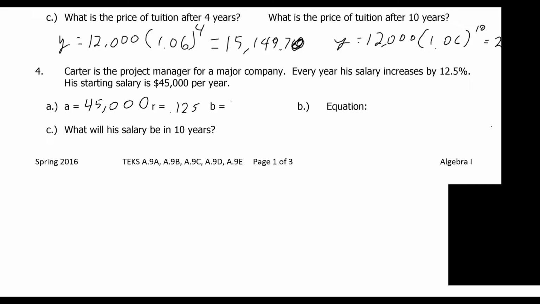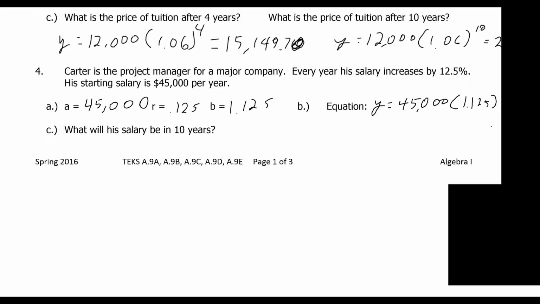The B for this one's going to be 1.125. And the equation is going to be y equals 45,000 on the other side of 1.125 raised to the x power.